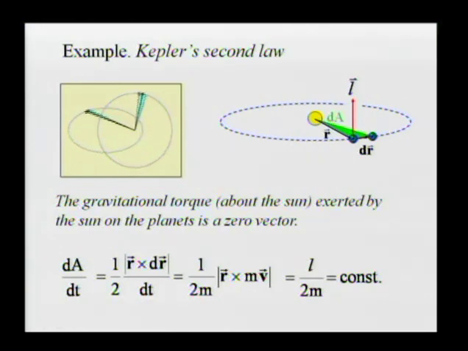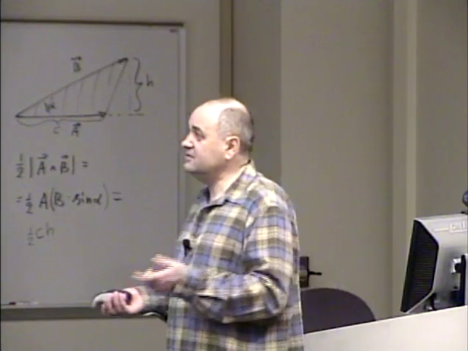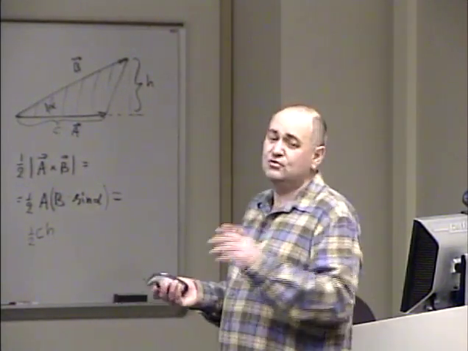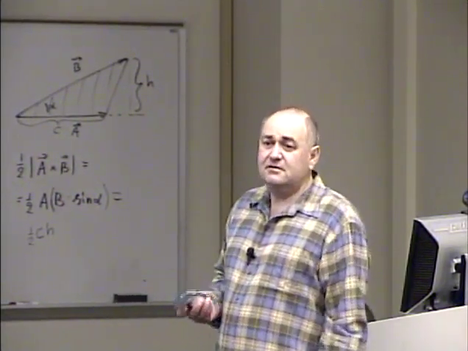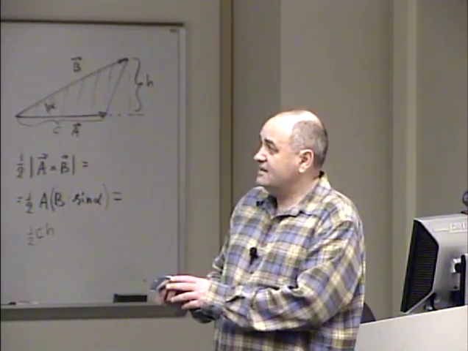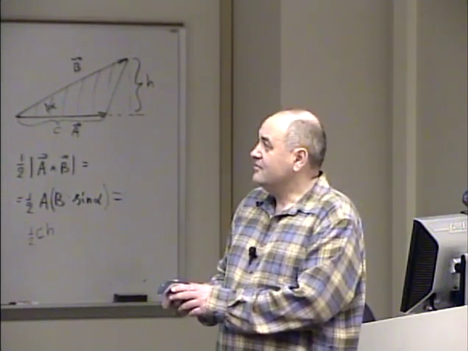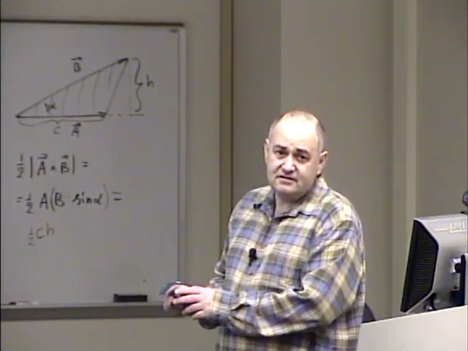This is a conclusion from Newton's second law for angular momentum. Angular momentum is conserved about the sun. We could actually make the same conclusion based on the work-energy theorem, because I can recognize that gravitational potential energy over here is higher than gravitational potential energy over there.